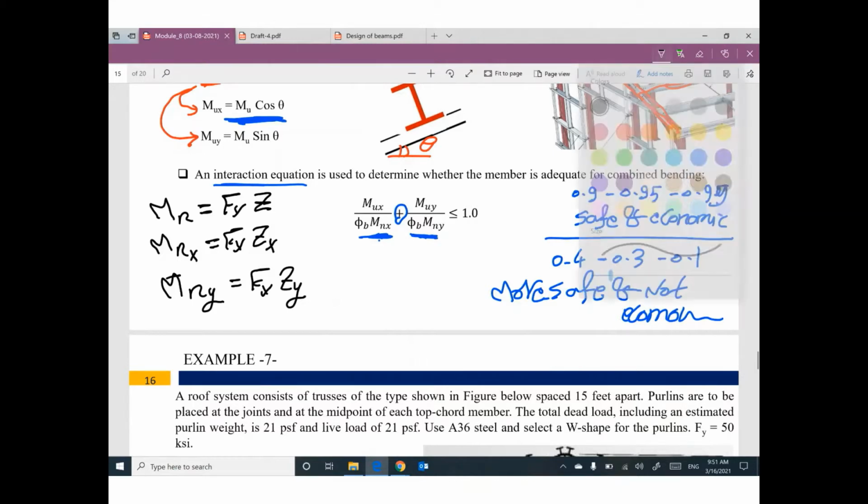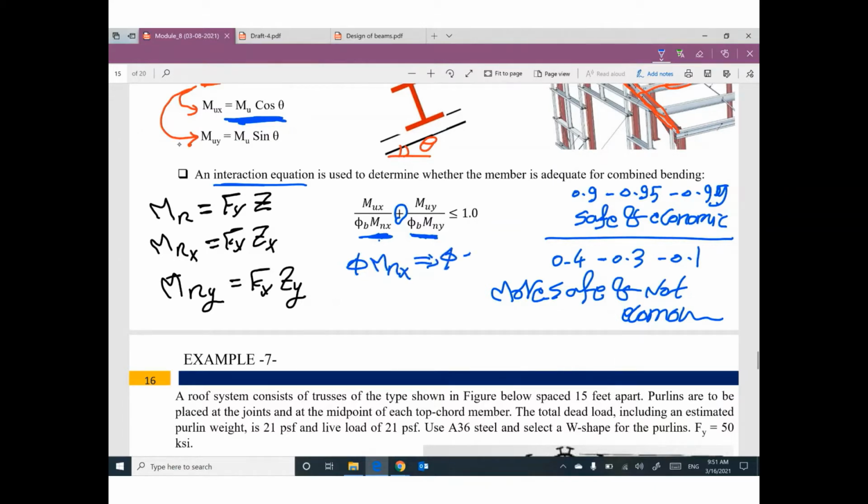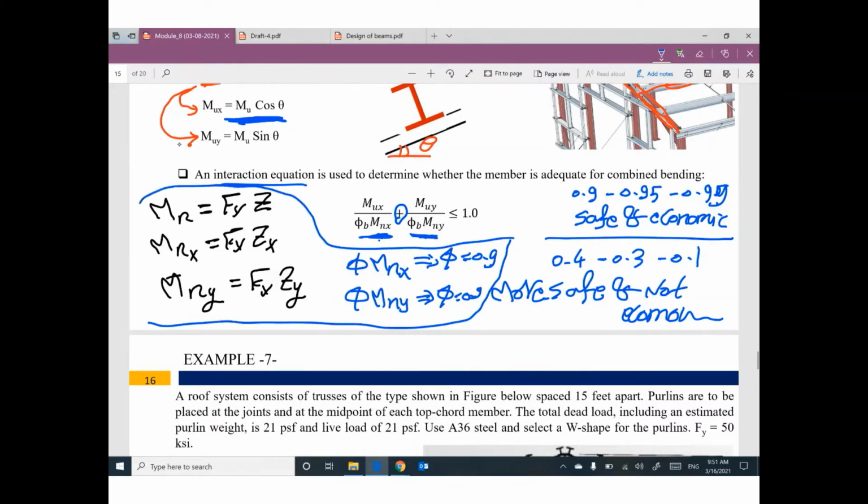If you would like to get the design moment phi Mnx, use phi equal 0.9. Phi Mny, go ahead and use phi equal 0.9. So this information will help you to figure out the denominator for this equation.